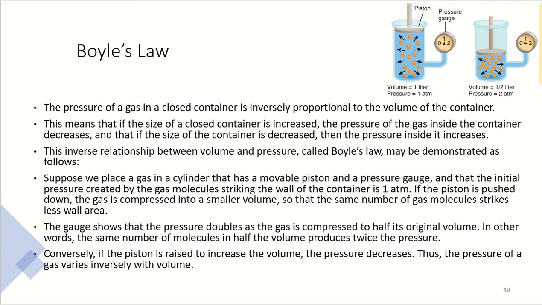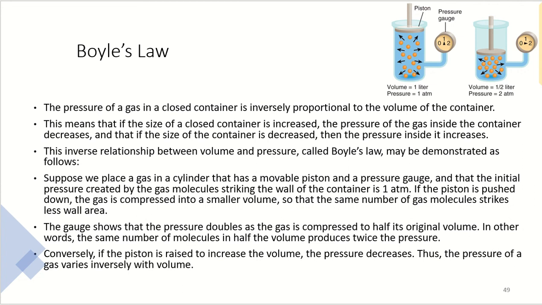Suppose you have a gas in a cylinder that has a movable piston and a pressure gauge, right? The initial pressure that's created by the gas molecules striking the walls of that container is going to be 1 atmosphere. If the piston is pushed down, the gas is going to be compressed into a smaller volume, so the same number of gas molecules is going to strike the walls less often.